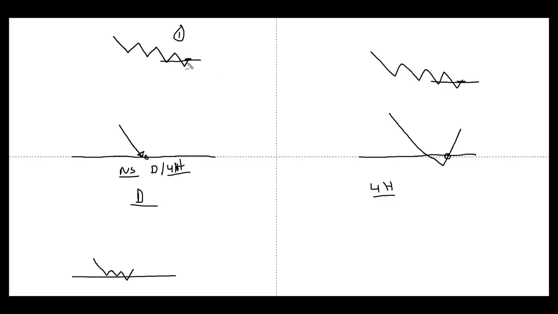Second option is you wait for structure damage, or one of my patterns. When you are trading against the trend, we always wait for confirmation. Always. We don't just enter a trade when we are going against the trend, because then price needs to prove us right. This has all to do with fractals.